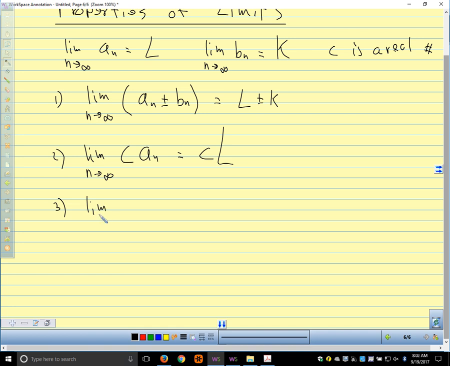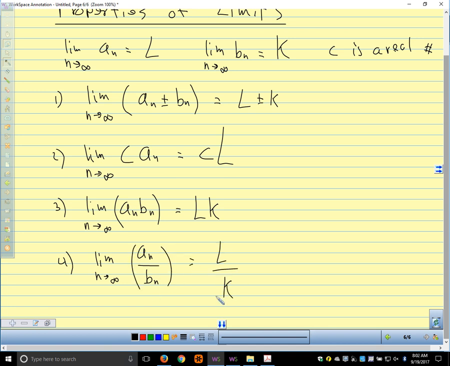We can multiply, and we can divide, as long as b sub n is not equal to 0 and k is not equal to 0.